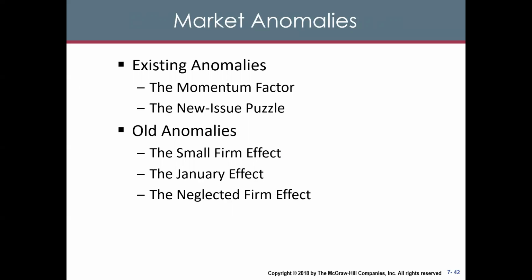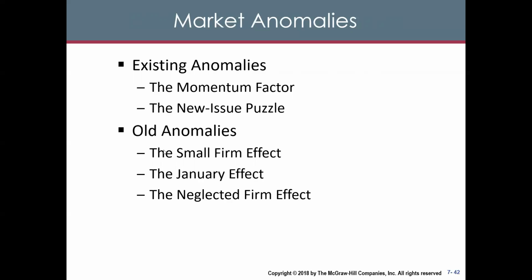Some say if the managers decide to issue new stocks, it's because they think the stock price is overpriced. So they issue new stock at a high price, and in the next few years the market is likely to readjust the price, causing the stock return to go down. Those two are still-existing anomalies.